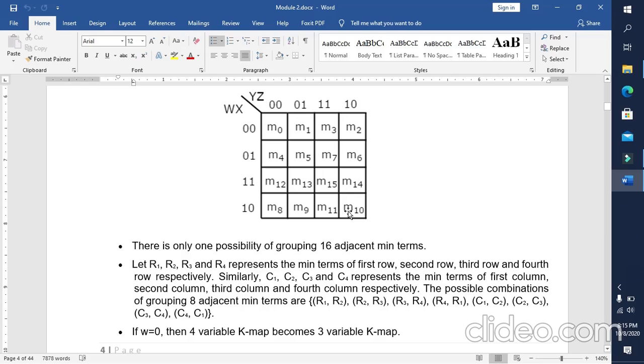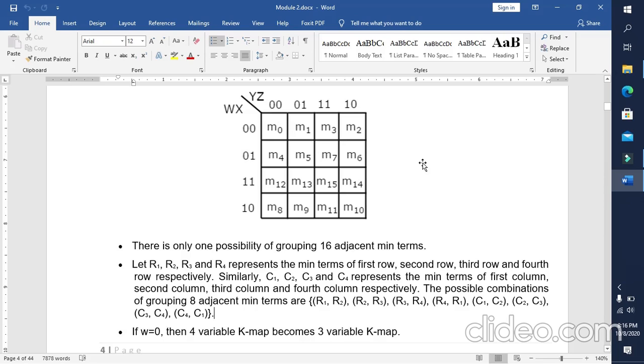So, the 8 adjacent min terms are R1 and R2, R2 and R3, R3 and R4. Then you have column 1 and column 2, column 2 and column 3, column 3 and column 4, and column 4 and column 1. Those are the possible groupings.